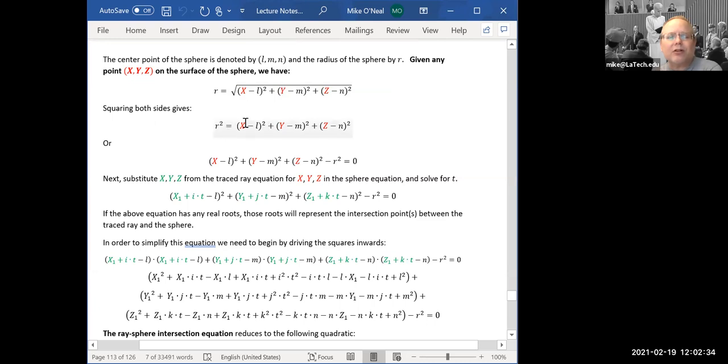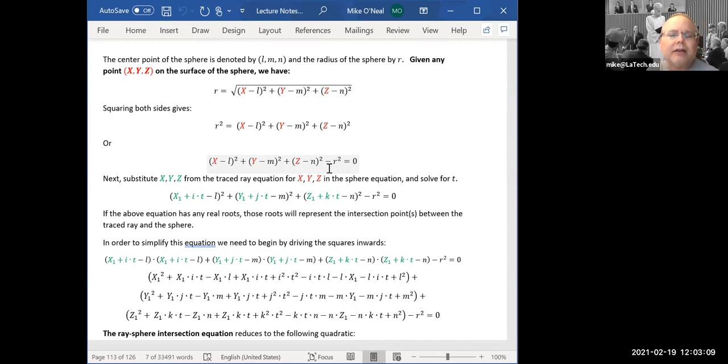So squaring both sides, r squared is equal to that, which gets rid of the square root, or you can set it equal to 0, and this is the equation for the sphere. When this thing is 0, the point x, y, z is on the surface of the sphere because it is r units, radius distance, away from center point LMN.